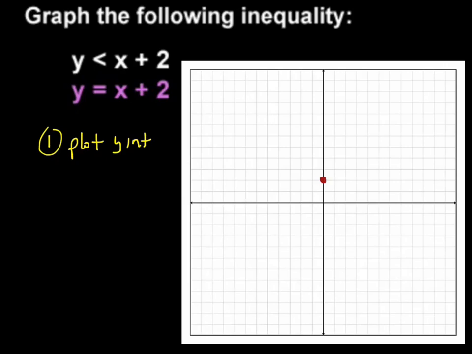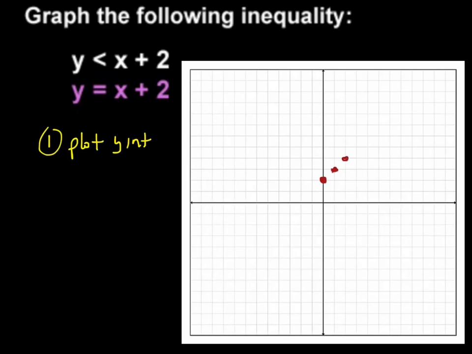And then I'm going to use my slope and go up 1 over 1, which is right here. It's kind of hard to draw it on here, but there it is. Now, I'm going to draw my line.